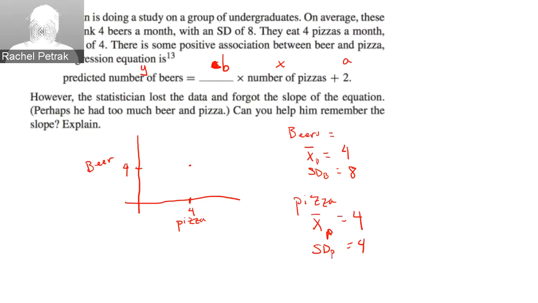So now we've got 1 point, and we could get another point by remembering that we have the intercept right here. Oh, there we go. The y-intercept is the value of y when x is 0.